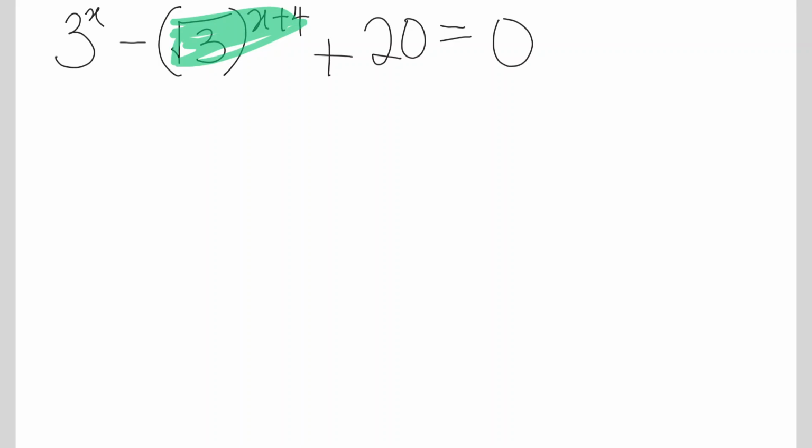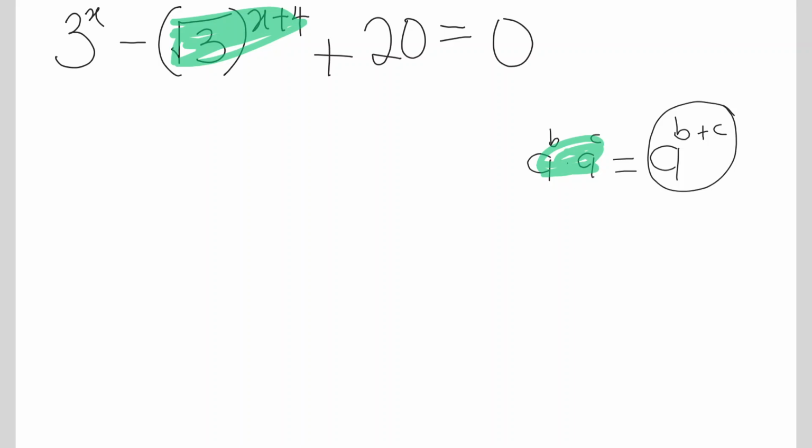Don't forget, one of the laws of indices says that when we have a raised to the power of b multiplying a raised to the power of c, we can add the powers, which is going to be a raised to the power of b plus c, and vice versa. If we have something like this, we can also get this, and that's what we're going to be applying.